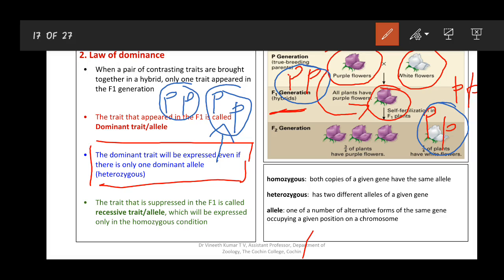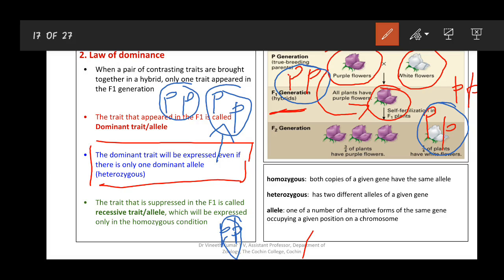So a recessive phenotype, for example the white color in this example, will be expressed only in one situation, when the genotype is small p small p, that means in the homozygous condition. But a dominant allele can be expressed in two conditions: the homozygous dominant as well as the heterozygous condition. The recessive trait can be expressed only when it is in the homozygous condition.